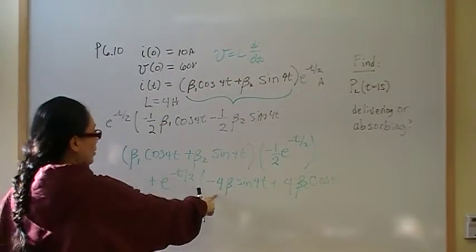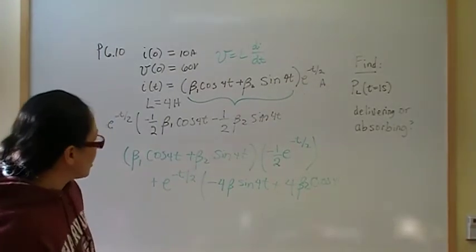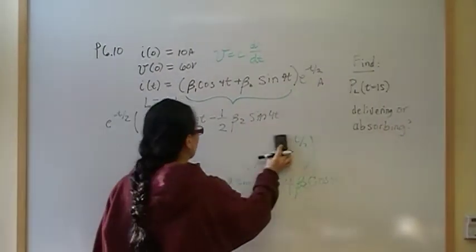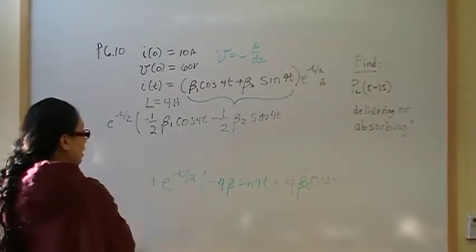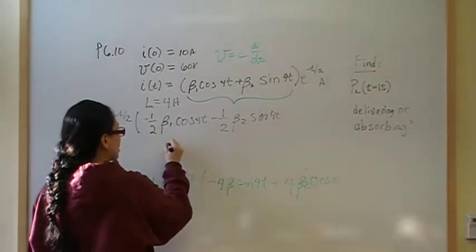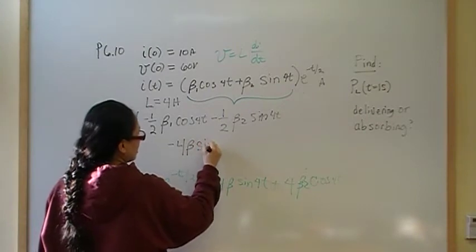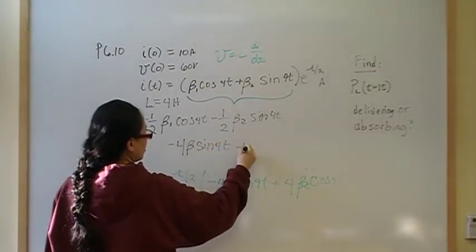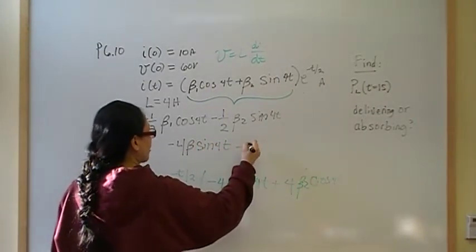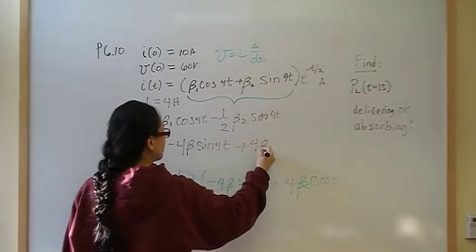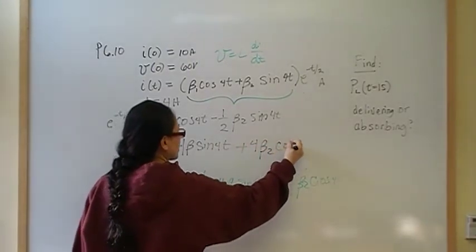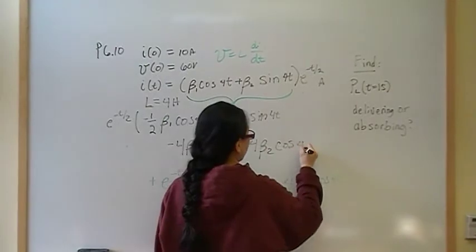So let's just write it all out actually. And then here I have, I'm going to erase this to make room, minus 4 beta 1 sine of 4t plus 4 beta 2 cosine 4t.